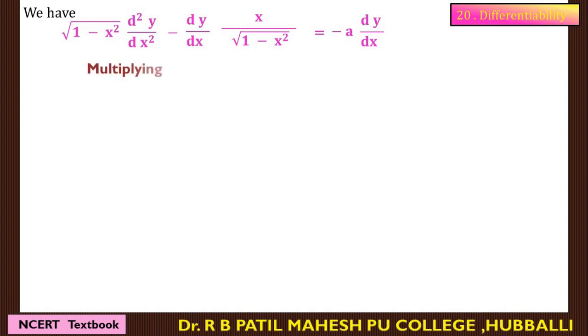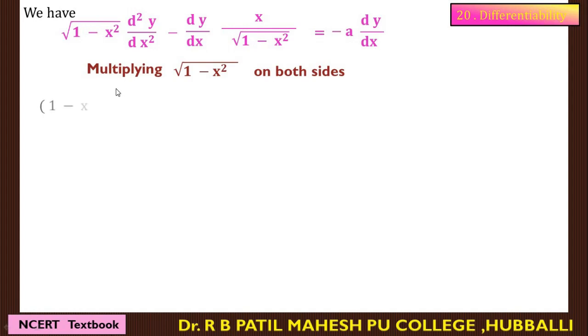Further, multiply root of 1 minus x square on both sides to eliminate this denominator, multiplying the entire equation by root of 1 minus x square. For the first term, root of 1 minus x square, if I multiply by the same term it becomes a whole square and the root will cancel.